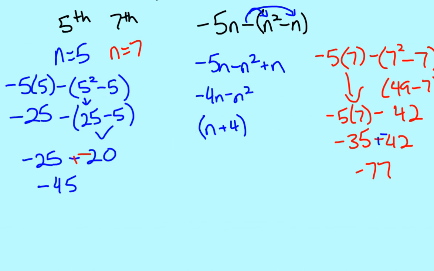And let's try it. See if I've gone crazy and forgot how to do basic algebra. So let's take our n equals 7 example. So negative 7 times 7 plus 4. That's negative 7 times 11. And oh my goodness, we get the same answer.